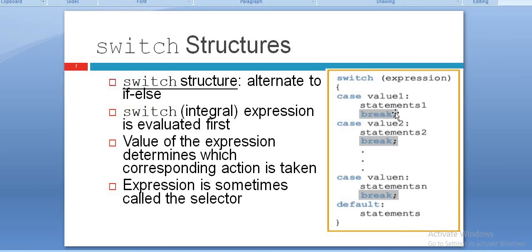So the compiler will understand, yes, it is the break, means one case block is completed, then the second block, then the third block, and so on.